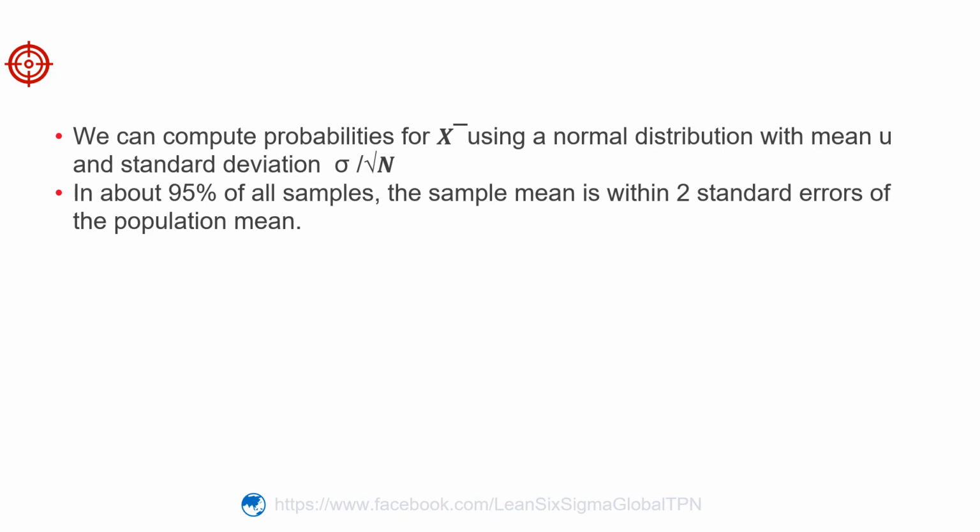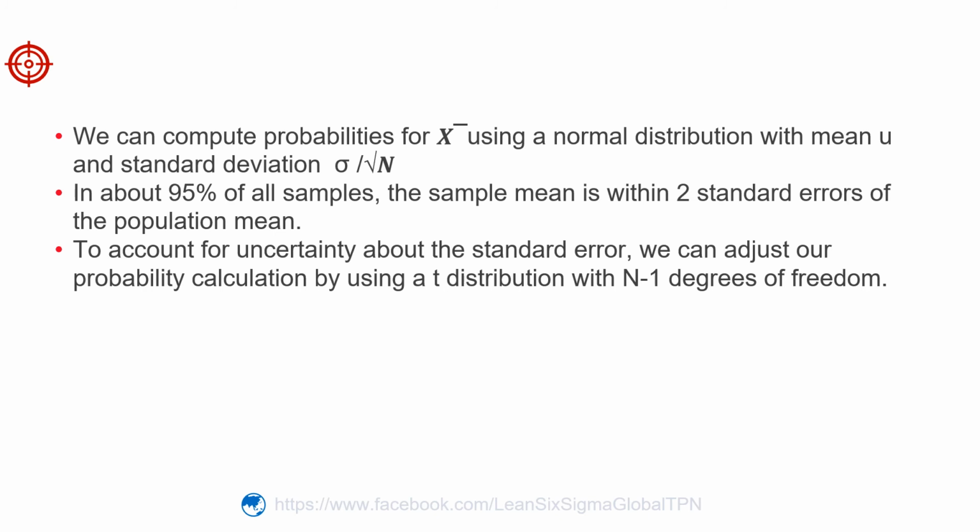So we can determine whether a specific value of the population mean is plausible given a sample, or we can estimate the population mean to be within two standard errors of the sample mean. Because we must estimate the standard error based on the data, we should adjust our probability calculation using the t-distribution with the appropriate degrees of freedom.